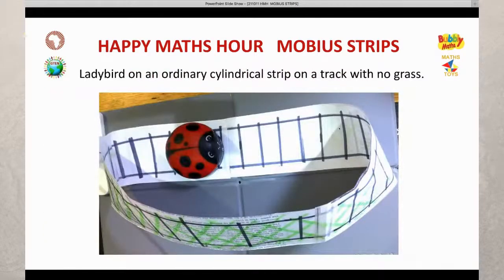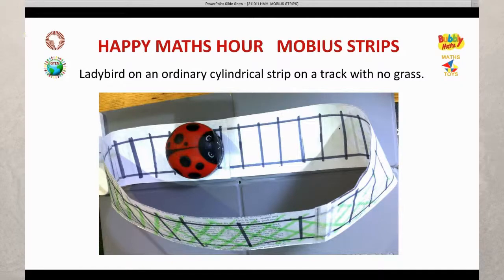Well, I did something very simple with my little ladybird, and I have a cylinder here, and here's the ladybird, and he's on a track inside, and there's no green grass on his side at all.